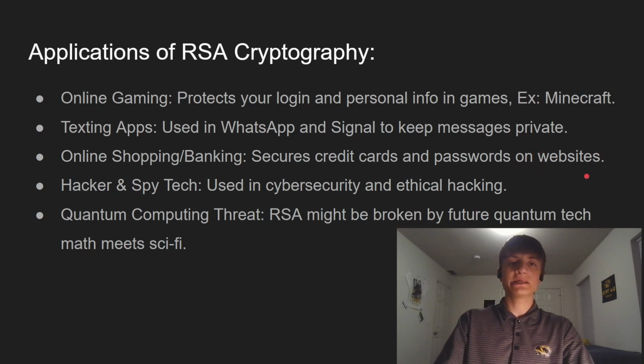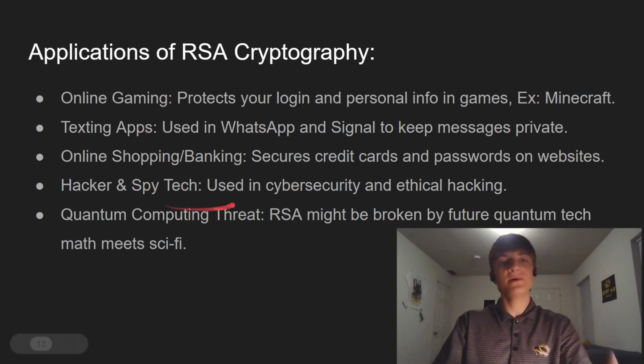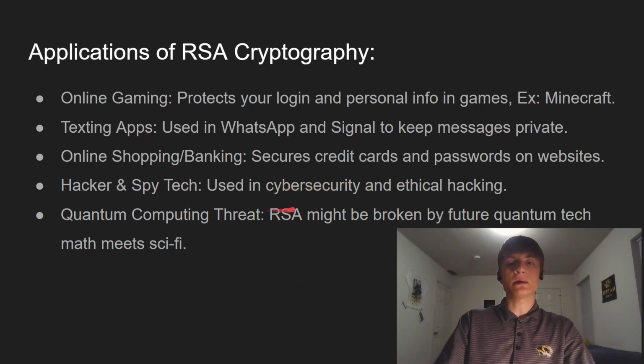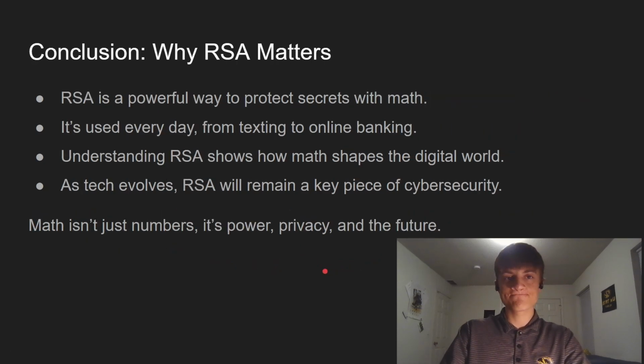HTTPS, that on the top of your browser, a lot of those security protocols use RSA cryptography. And then it's used a lot in ethical hacking and cybersecurity. And then, of course, quantum computing threats: RSA might be broken by future quantum tech, when math meets sci-fi.